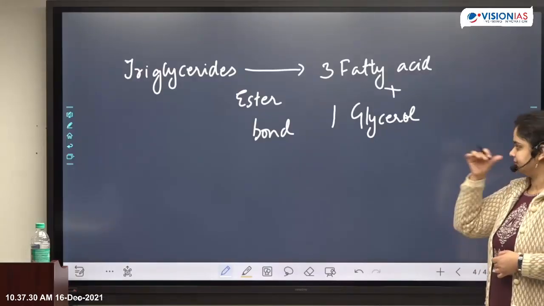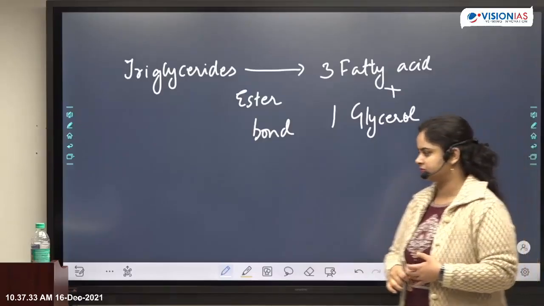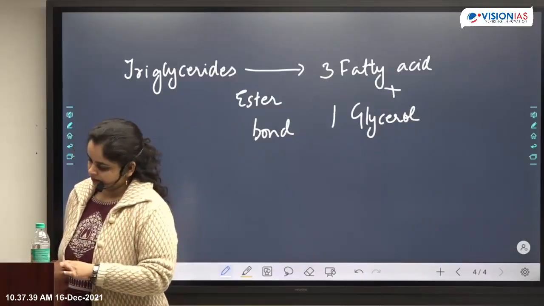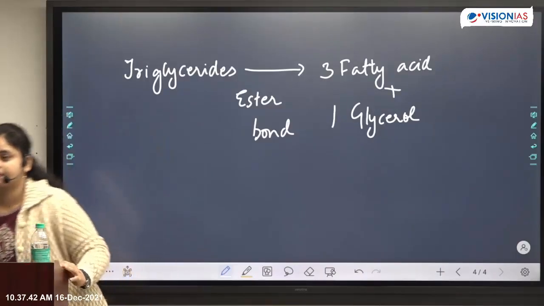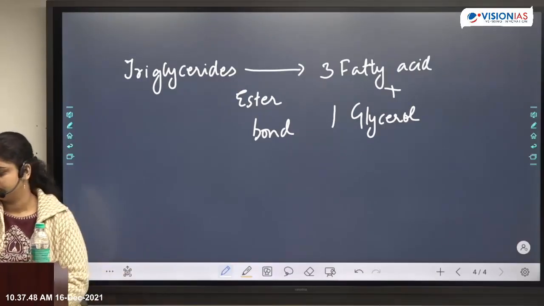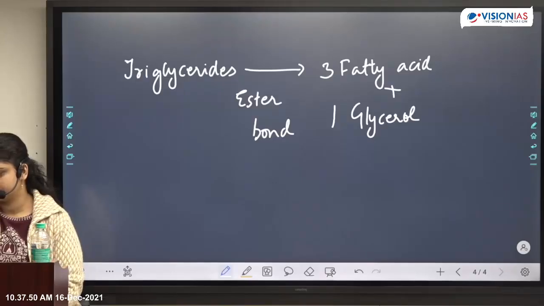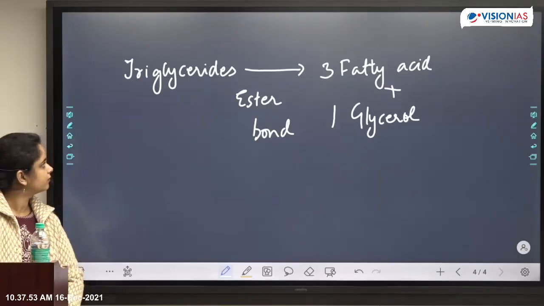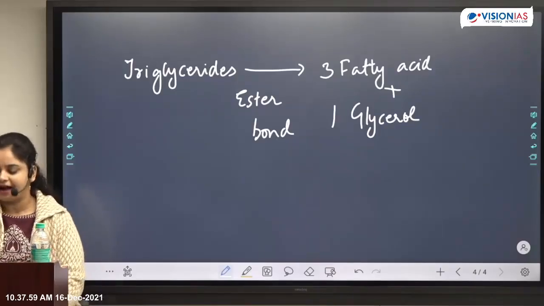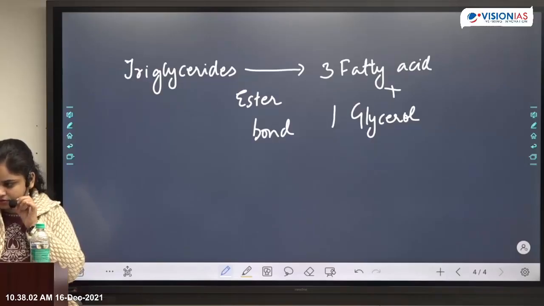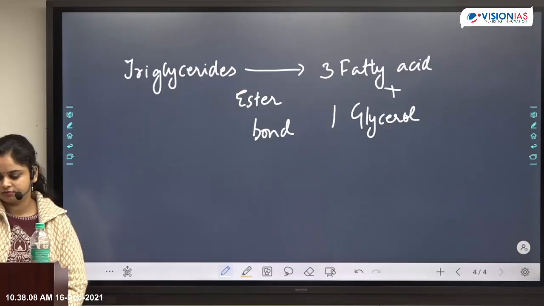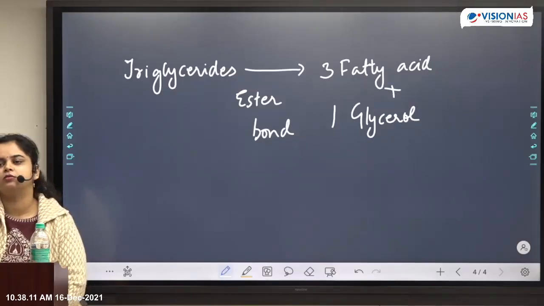Okay. Let's write this triglyceride. The major form, triglyceride, it is the major form in which fats are stored in the body.